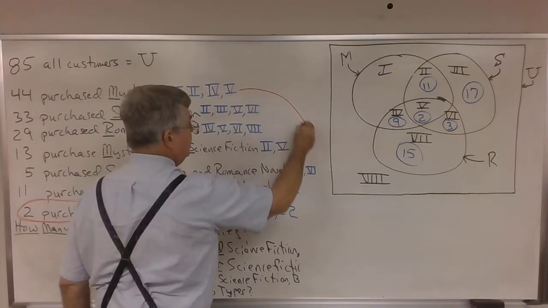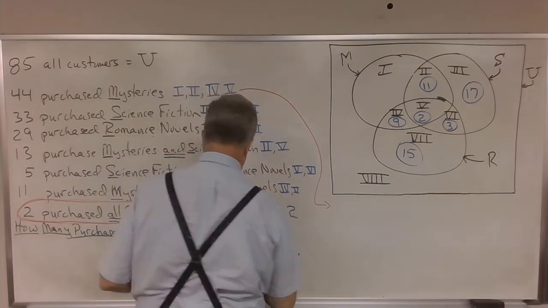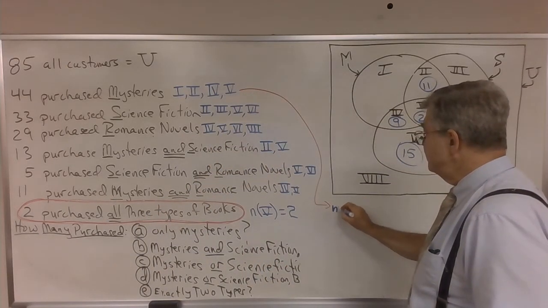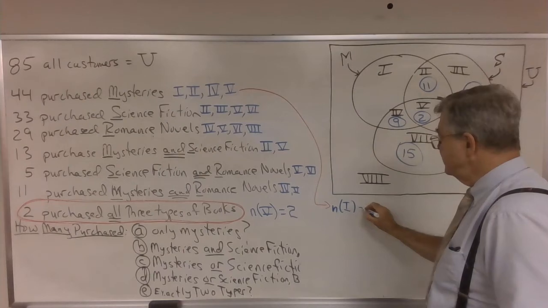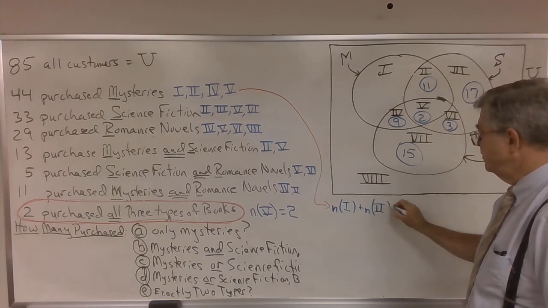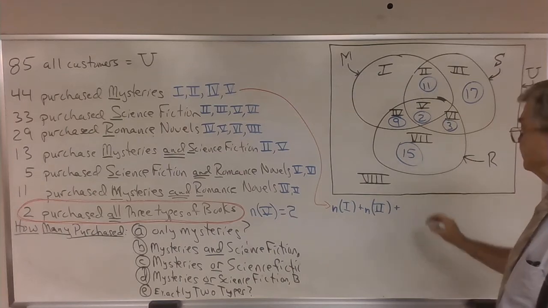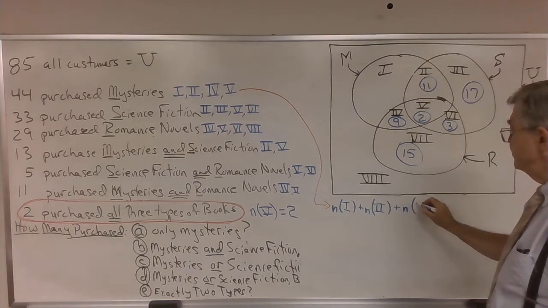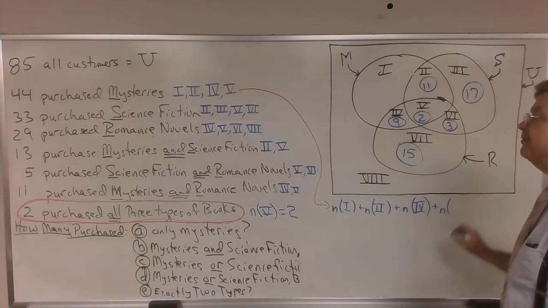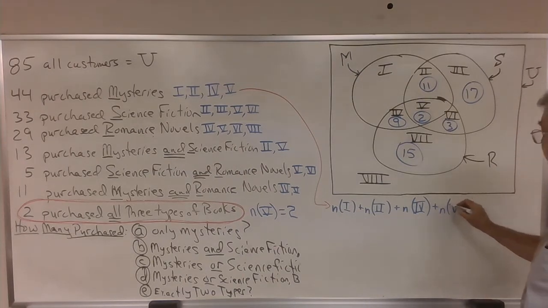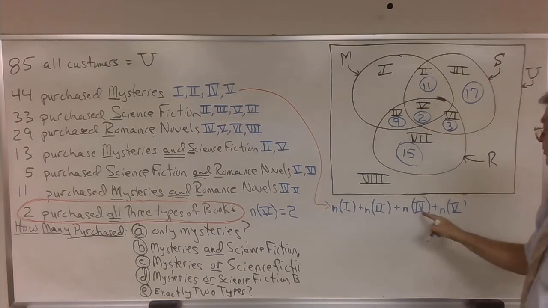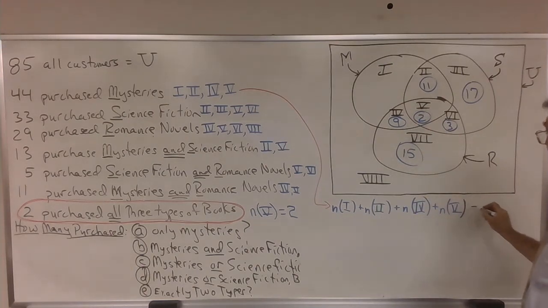So let's come down here and solve it. Number of people in region 1 plus number of people in region 2 plus number of people in region 4 plus number of people in region 5. 1, 2, 4, 5, yes.